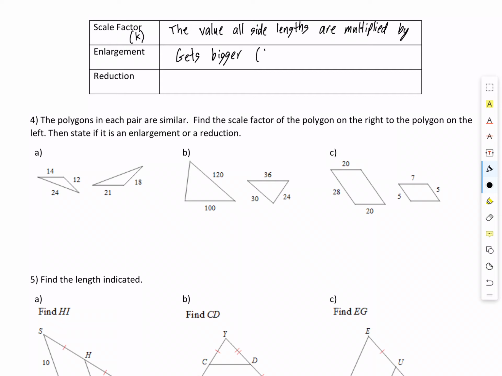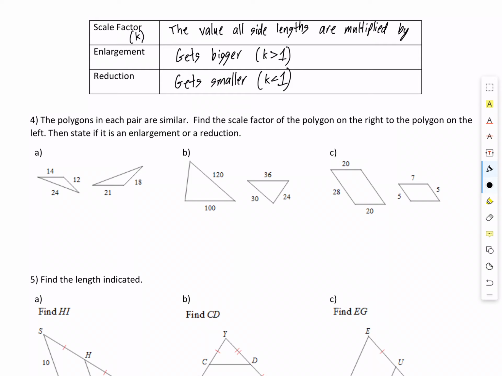And so our K value would be greater than 1 when we have an enlargement. Then reduction, like when he shrinks, he gets smaller. So reduction is gets smaller, or our K is going to be less than 1. If our K value is 1, we're not doing anything. We're just staying the same.